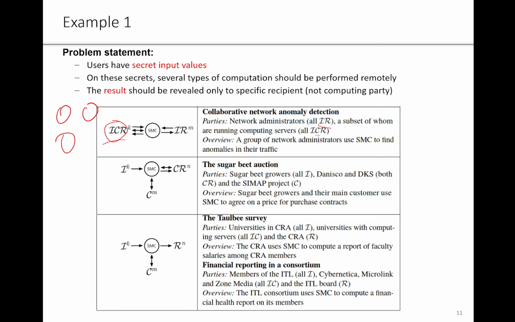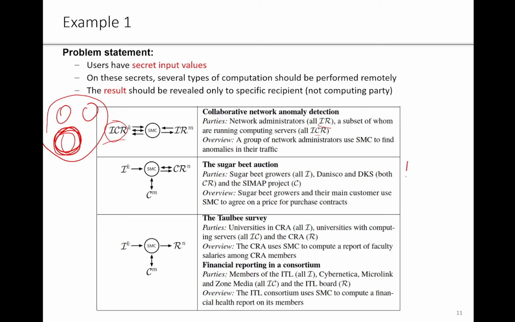They don't want to reveal it to their competitors, but they want to find out what's the common activity, malicious activity, let's say, that's going on. How can we learn from this together? So every time the same setup: you have some private information you want to keep private, but you want to compute on it in a bigger sense to retrieve some kind of, let's say, statistical information.